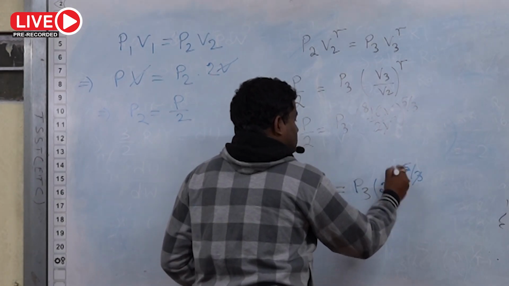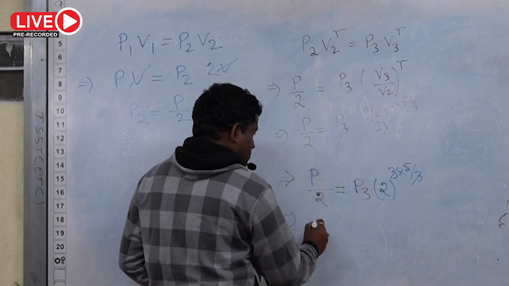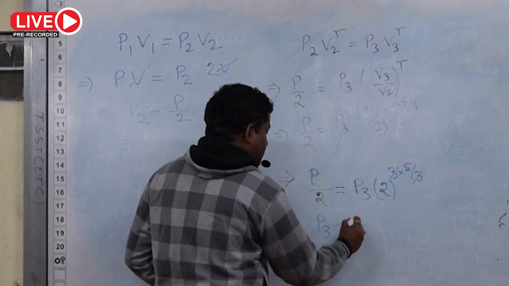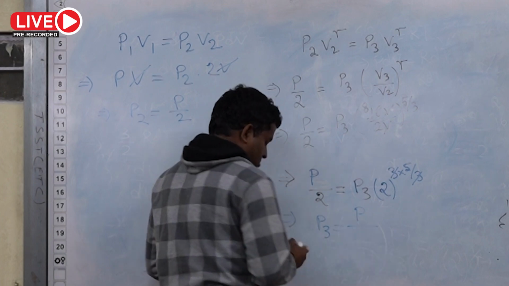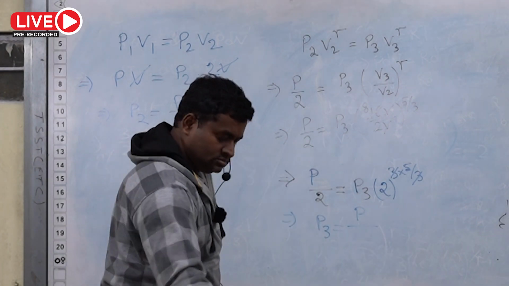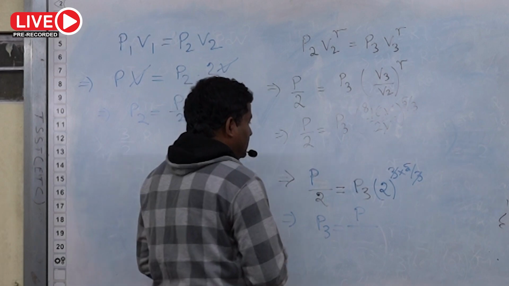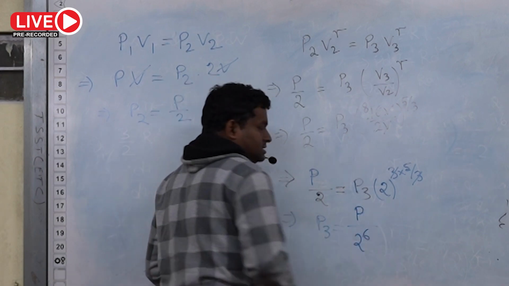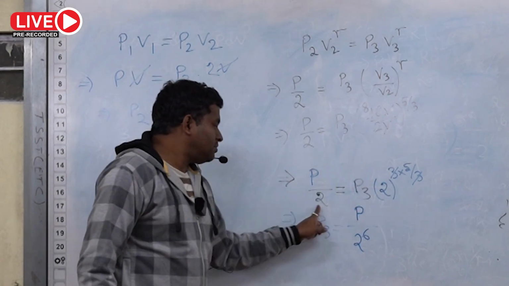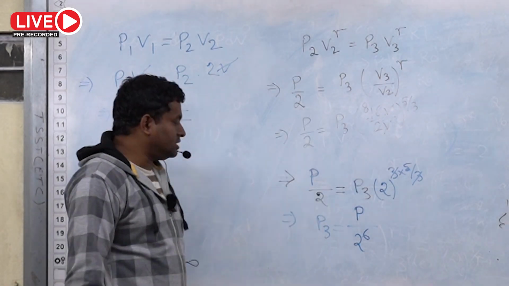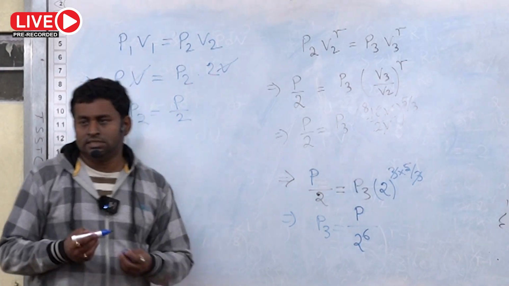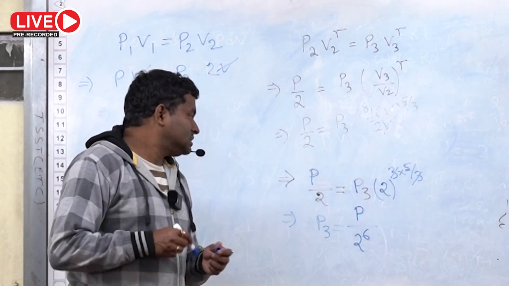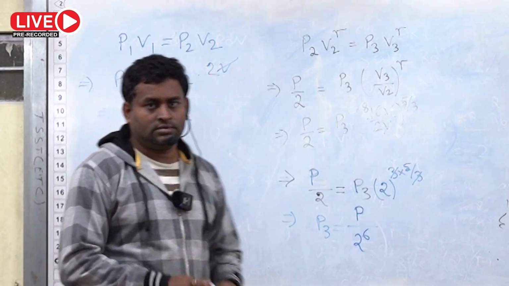So the 3 is cancelled. P3 equals P divided by 2 to the power 5 multiplied with another 2, which is 2 to the power 6. 2 to the power 6 is 64. So the answer is P by 64.